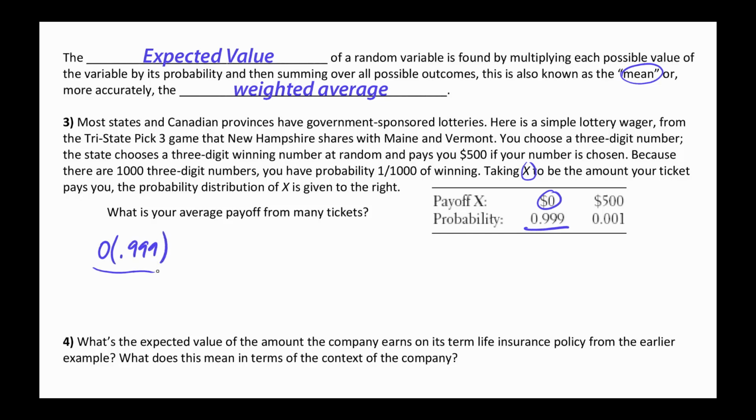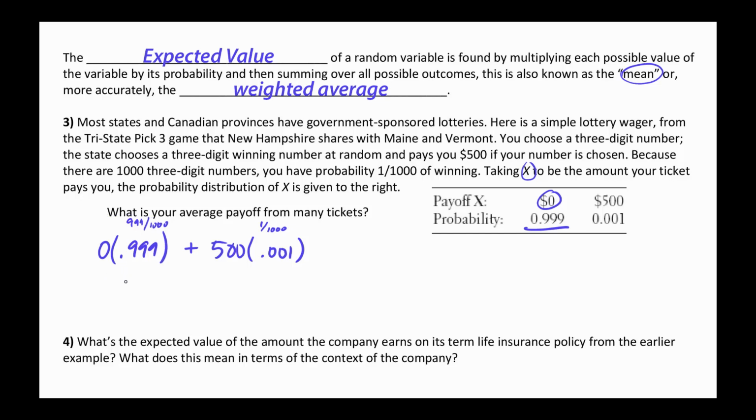It's really weighted of paying out $0. And then we're going to take the other outcome, which would be paying $500. They actually win, but that only happens 0.001 of the time. So that is 999 out of 1,000 versus 1 out of 1,000. And you can see the weight is definitely with this piece over there.